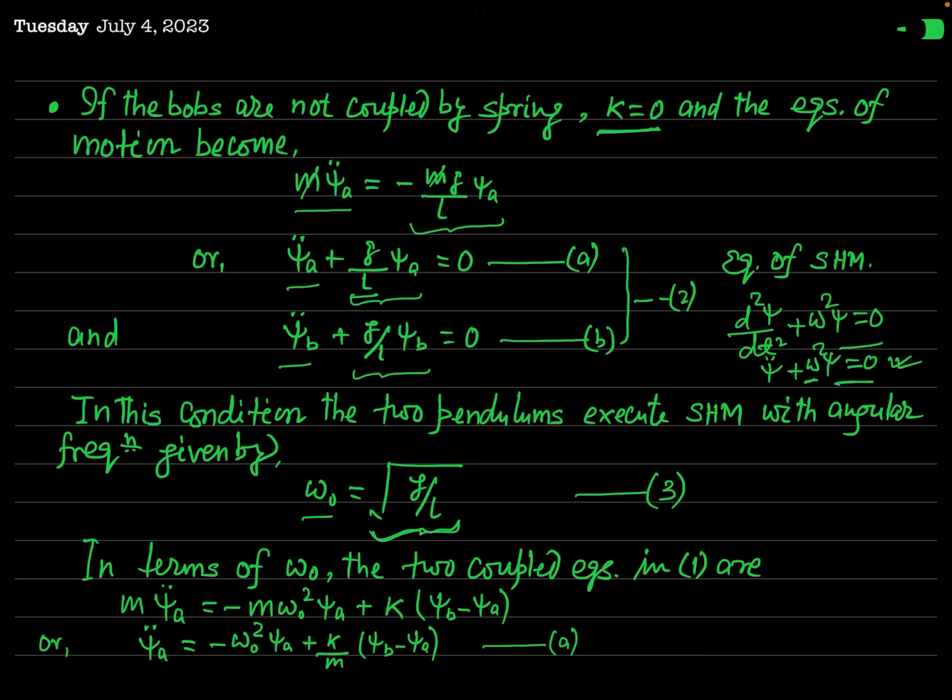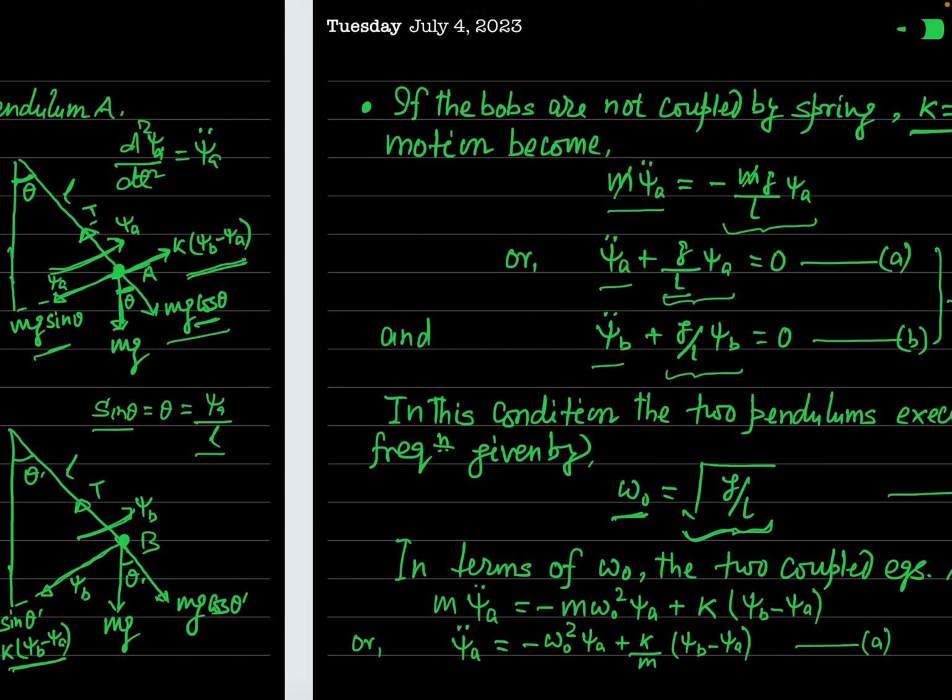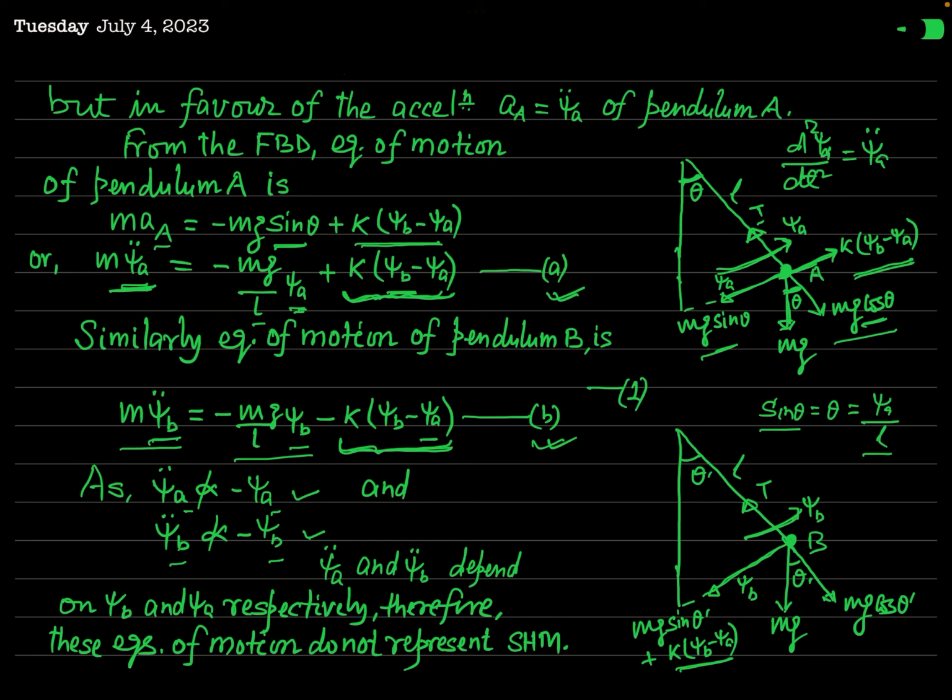Now if you want to write down the equation of motion of these two pendulums in terms of this frequency omega naught, you can easily write it. Okay. So let us try to write down the equation of motion which I have defined in equation number A and number B of equation 1 in terms of omega naught.